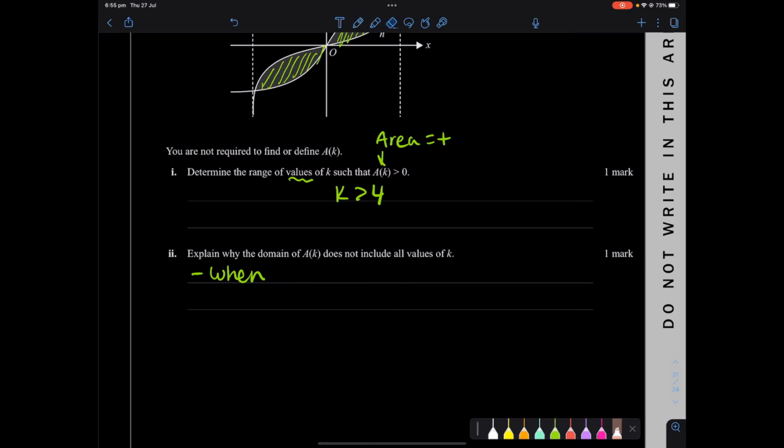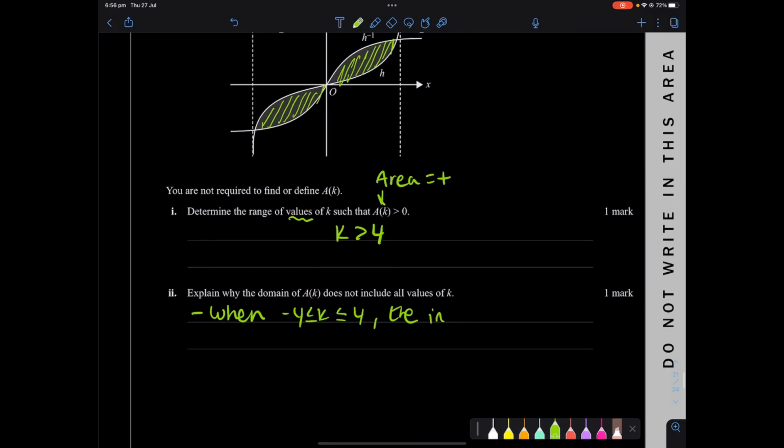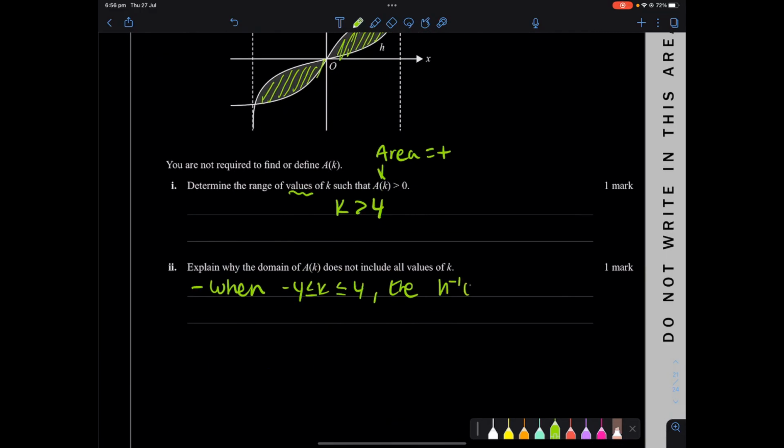But that's not a right statement, because we got that when k is between −4 and 4, h of x and the inverse of h of x do not have an area bounded.